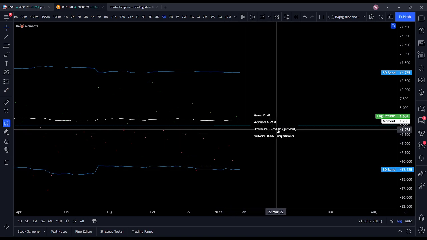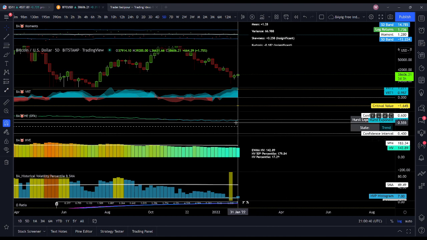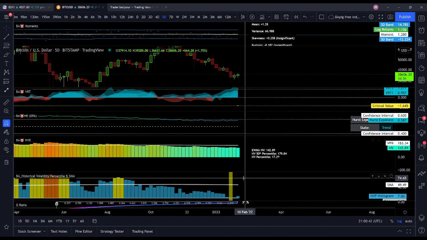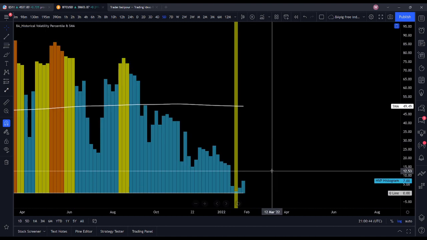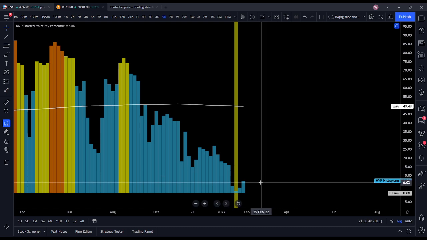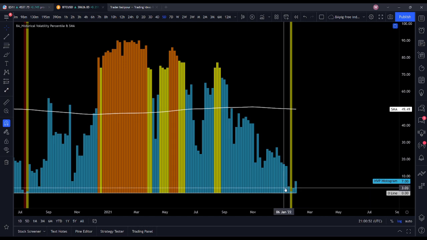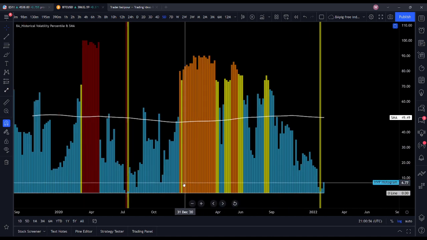So we've got a positive mean, and we've got returns here right inside their confidence interval. So what this flash right here is telling me is that volatility is likely to expand. Or no, it's really not telling you that. It's telling you that volatility is low. So let's take that for what it is.